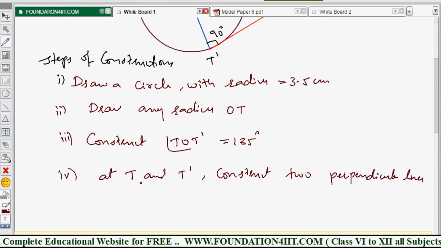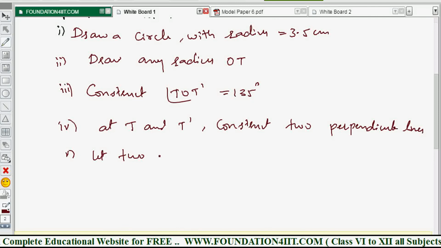Let the two perpendiculars intersect at P. Then automatically we will get the angle TPT dash.